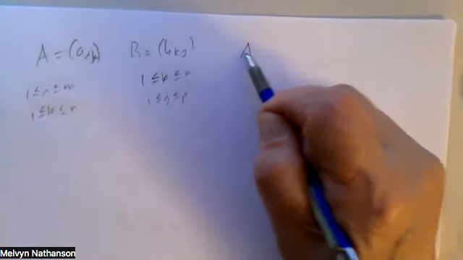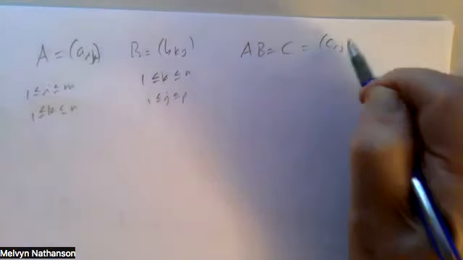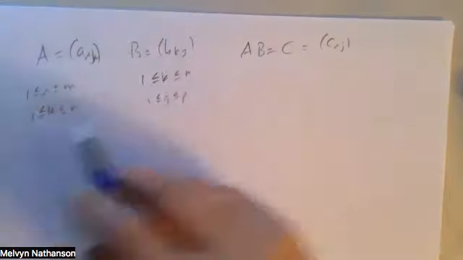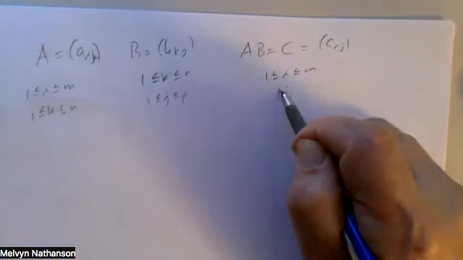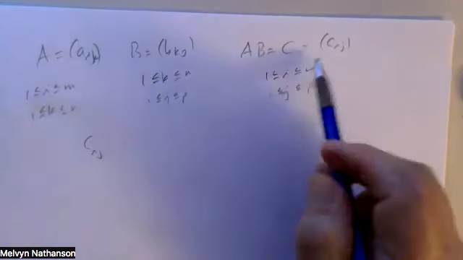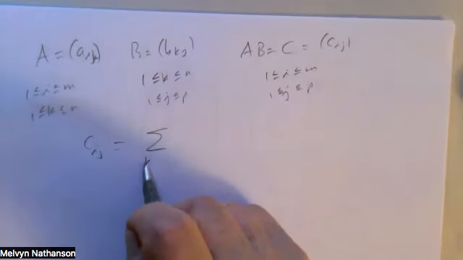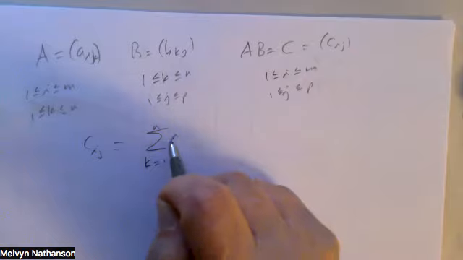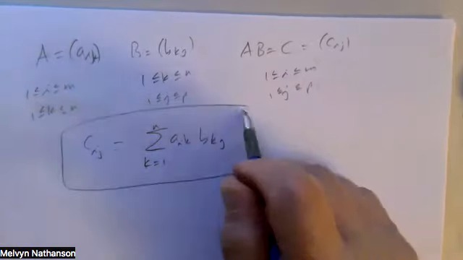And we're going to write C, the product of A and B, Cij. So this will be an m by p matrix. And the formula is that Cij, the ijth entry of the product, is the sum, k goes from 1 up to n, Aik Bkj.